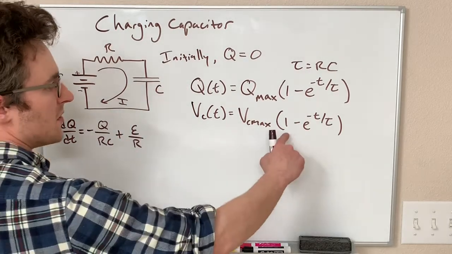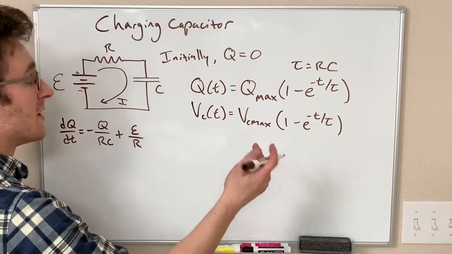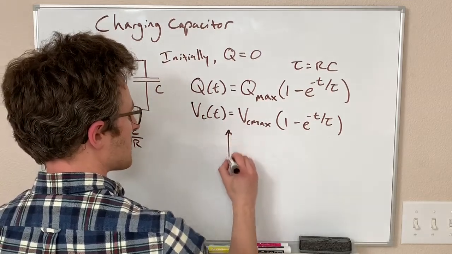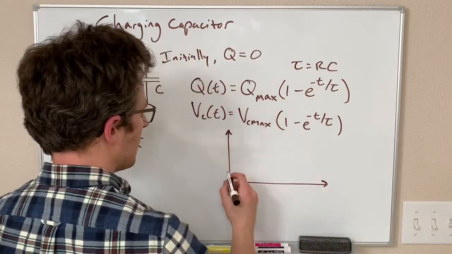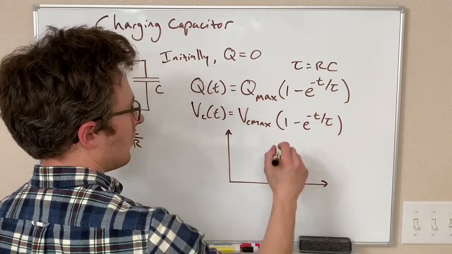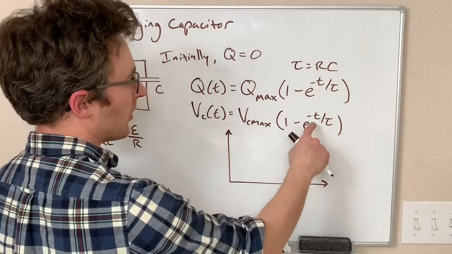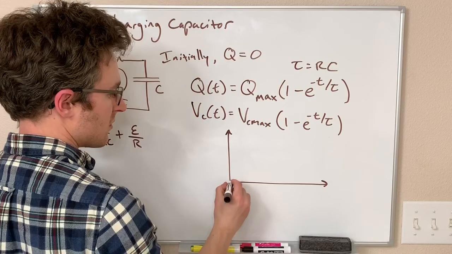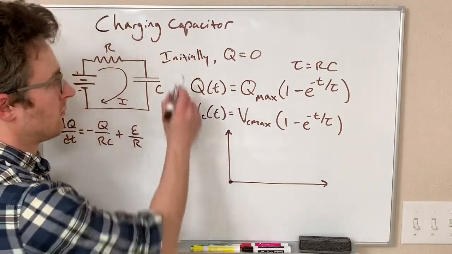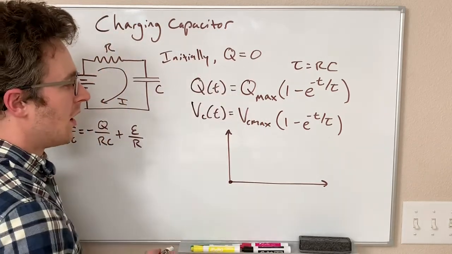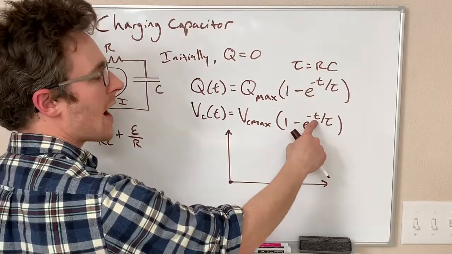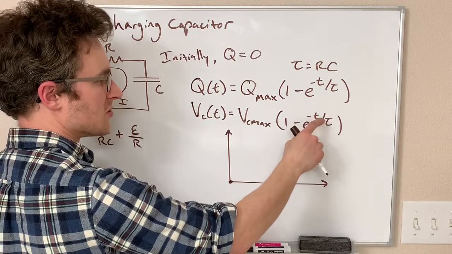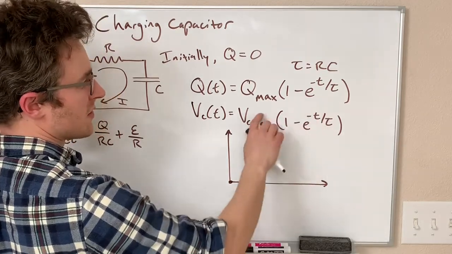Okay, so the shape of the graph of 1 minus e to the minus t over tau looks like this. For t equals 0, we get e to the 0, which equals 1. 1 minus 1 is 0, so we start at 0 as we want. At high values of t, this e to the minus big number goes to 0, so we're left with whatever this max value is.